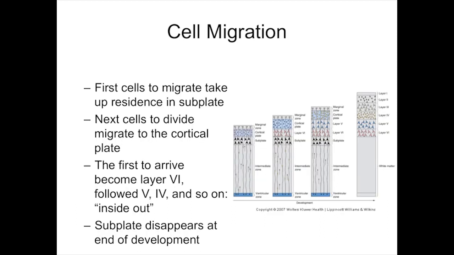So here's an example. This is early on. You have the ventricular zone here, and then you have these neurons that go up and into the subplate, and then here's the cortex, and then they will form some cells here, and they will keep forming layers on top. These two layers, the cortical plate and the marginal plate, will keep being pushed out, and you get a layer that forms between the subplate, and then the cells will migrate up.